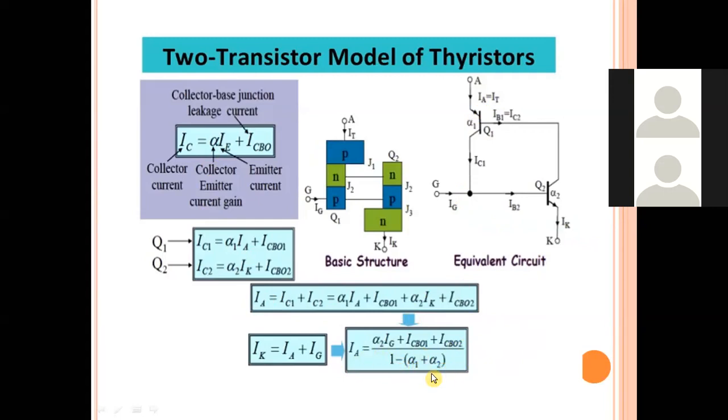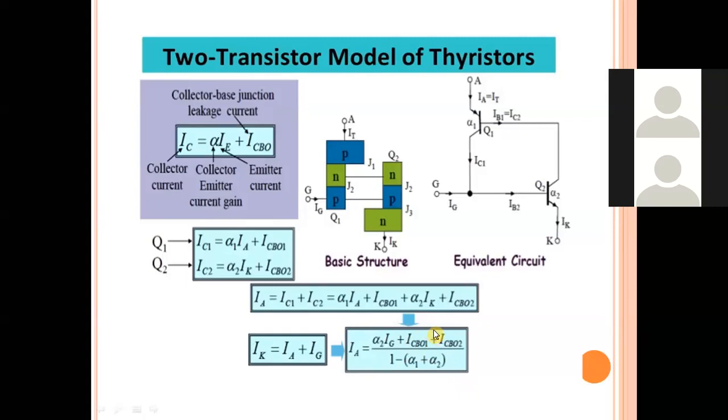So what are the parameters associated with this anode current? Anode current is related to the gate current, to the leakage currents, and to the current gains, isn't it? The first consideration is the leakage currents. As the temperature rises, leakage currents become high, so there may be a satisfactory condition for device conduction.